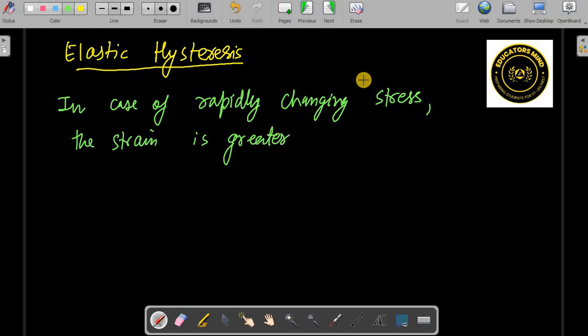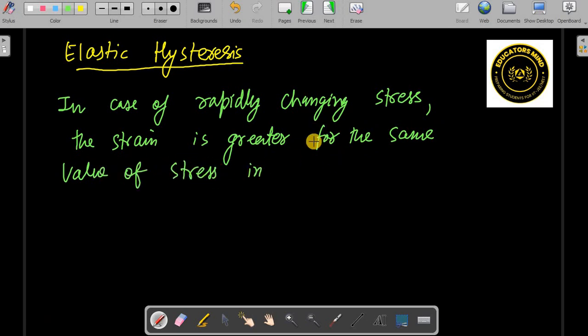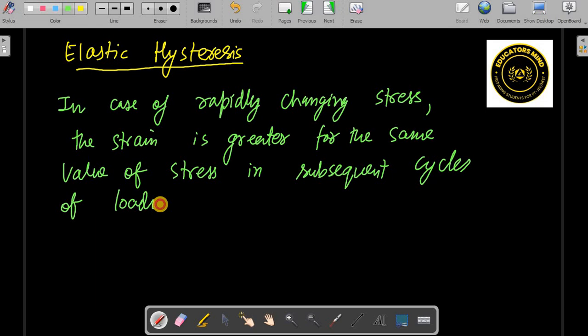The strain is greater for the same value of stress in subsequent cycles of loading.